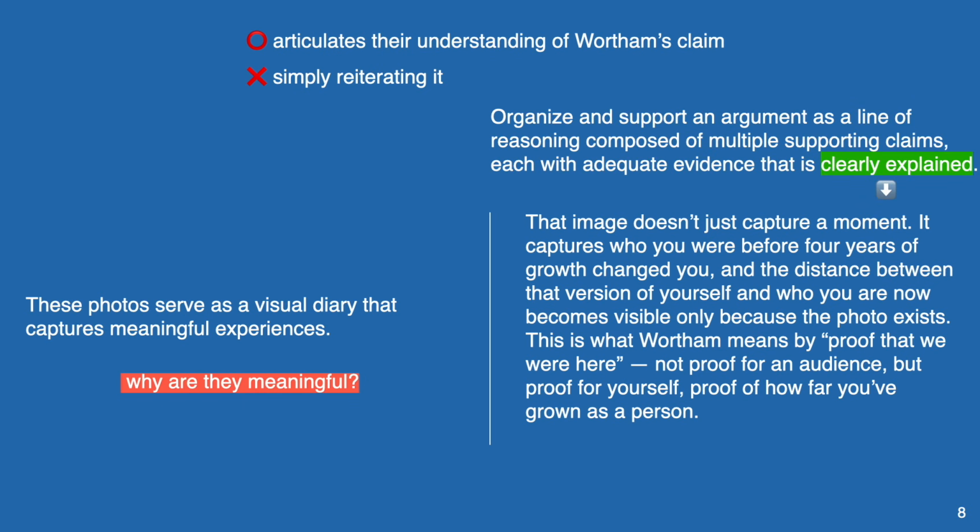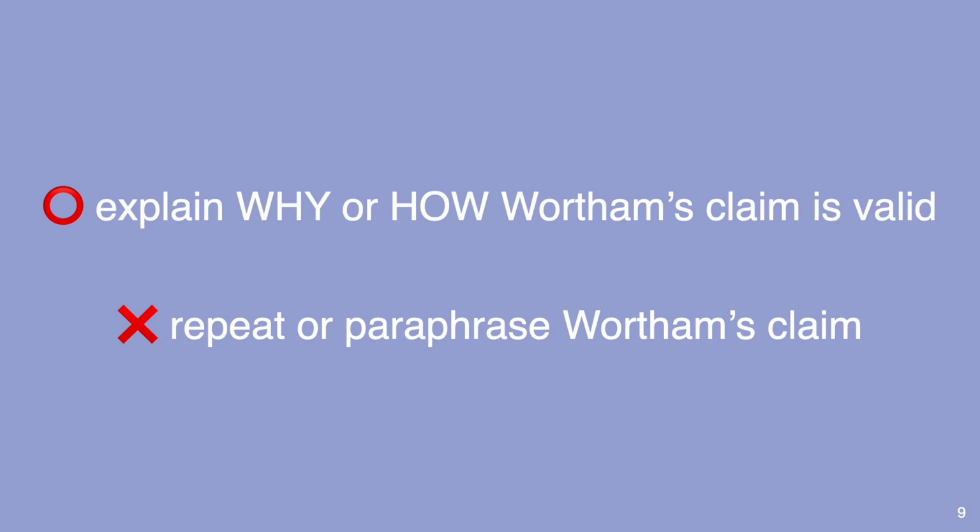The rubric says that you need to organize and support an argument as a line of reasoning composed of multiple supporting claims, each with adequate evidence that is clearly explained. And this is what it means to clearly explain the evidence. You can't just repeat or paraphrase Wortham's claim.